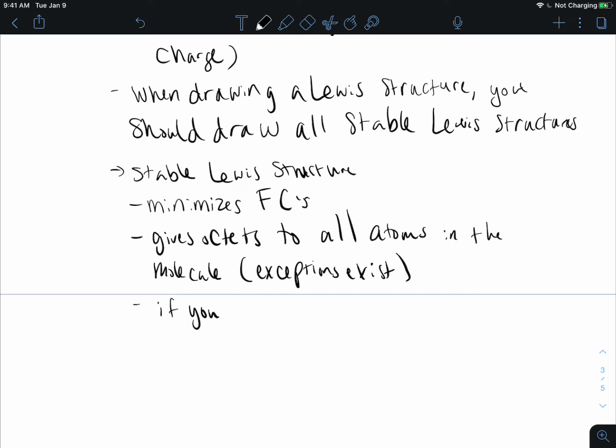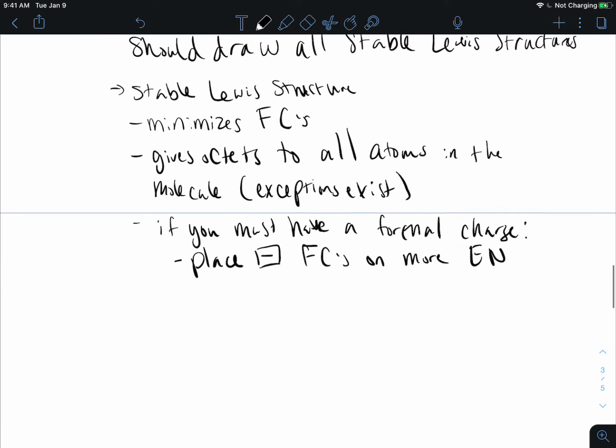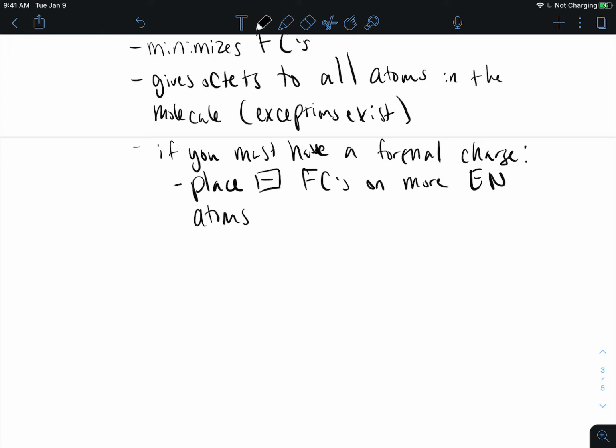So if you must have a formal charge, place negative formal charges on more electronegative atoms, positive formal charges on more electropositive atoms.